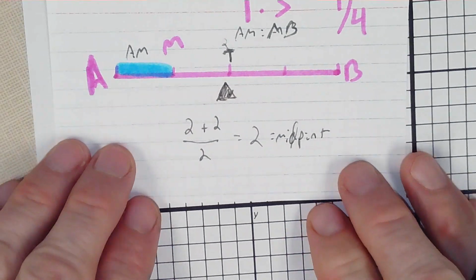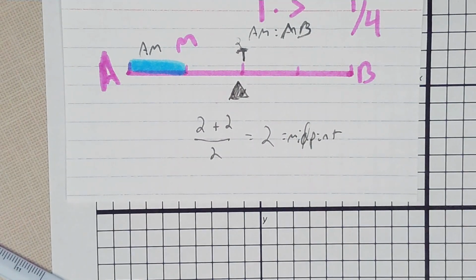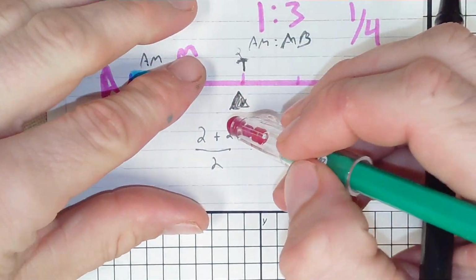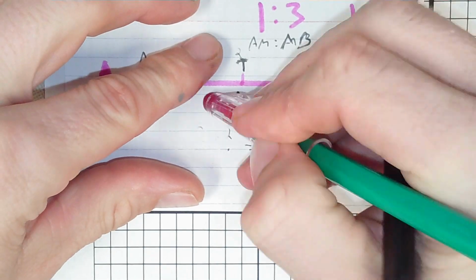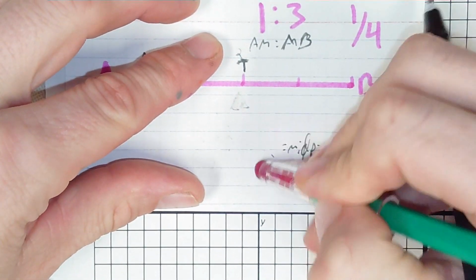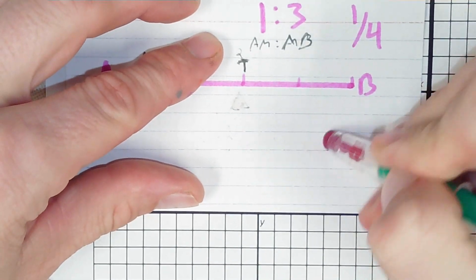Okay, but now say that I move this. Let's say that I move my scale, or my teeter-totter, and I move it to over here.